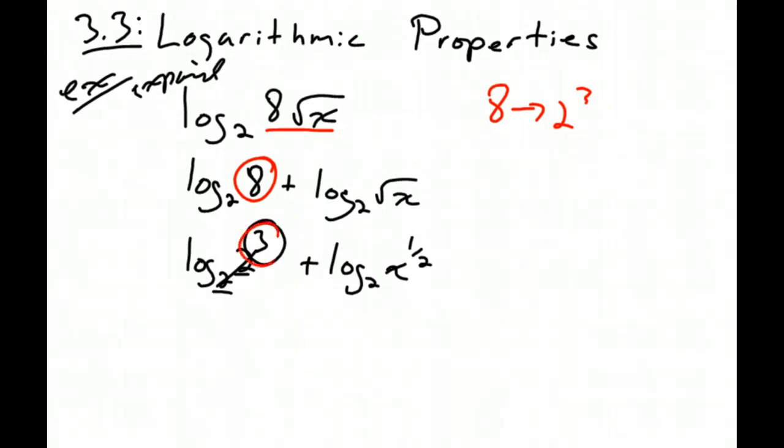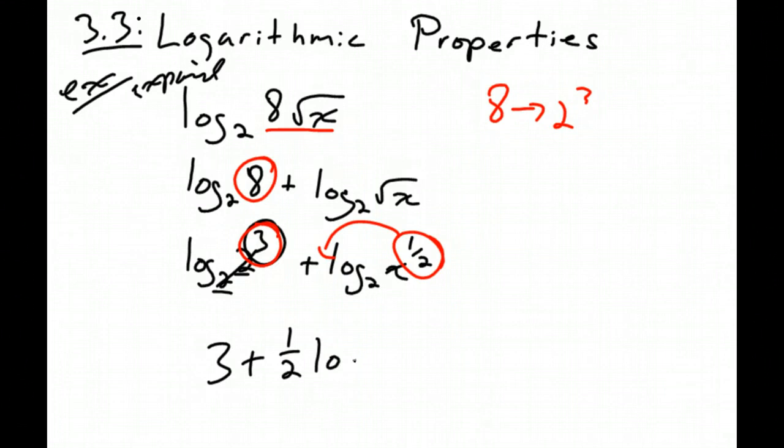Okay, so now that this is just 3, I can take this exponent and put it in front. So this becomes 3 plus 1/2 log base 2 of x. Everything that I could possibly get outside of the log is outside of the log, and this is expanded as far as we can go, even though it's not written very far apart.